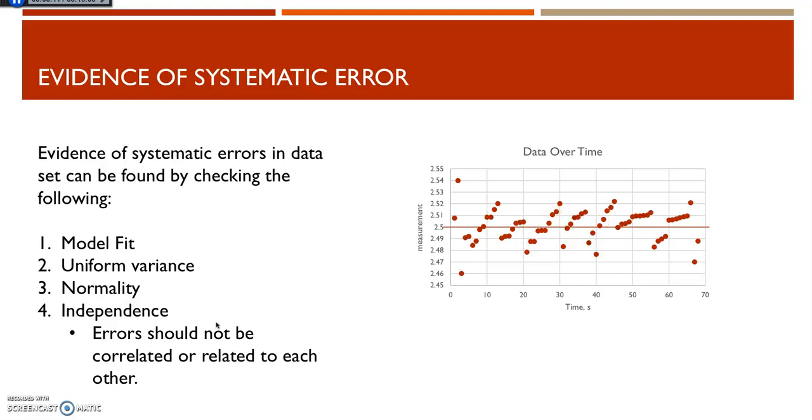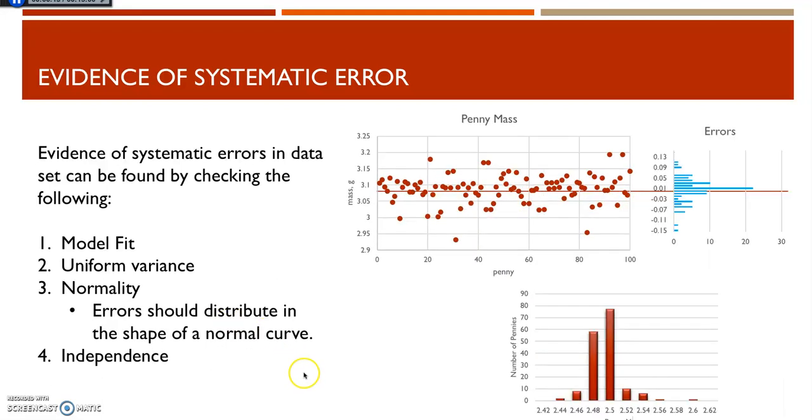If we look at this, it's telling us that our average penny mass is around 2.5, but maybe the actual penny mass is 2.6. Maybe this whole distribution should be shifted over, and we just don't see any evidence of that. So that would be the percent difference that you're looking for. And as in the previous video, really the only way to fix that is to be careful.